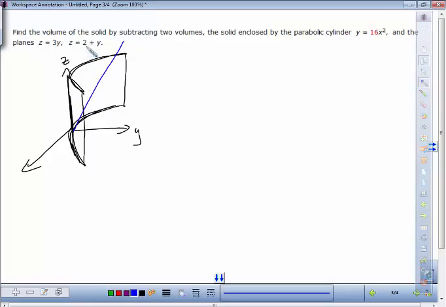And z is equal to 2 minus y. So I see that as a positive slope. Maybe I should use a different color. 2, slope of 1 instead of 3.